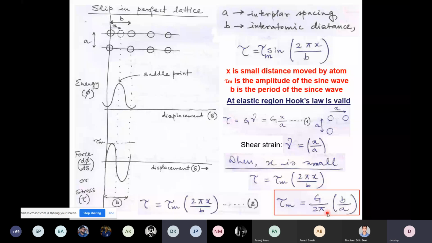Sir, it is essentially pure stress. Peierls stress. Peierls stress, G by 2 pi.